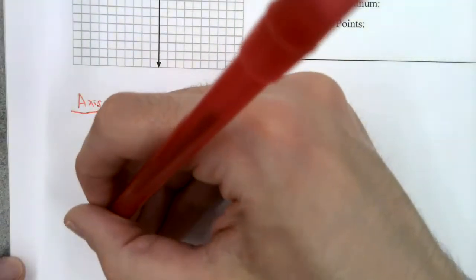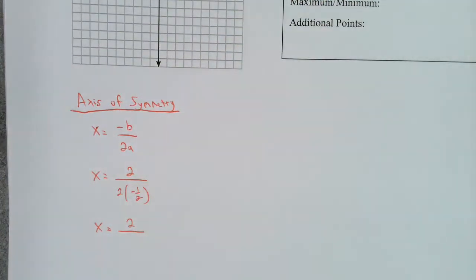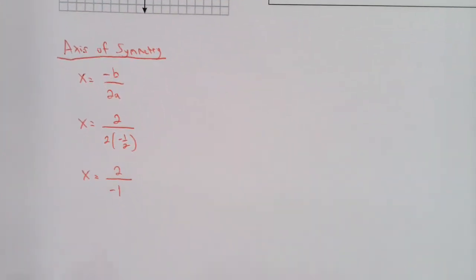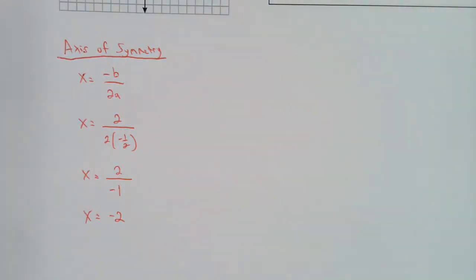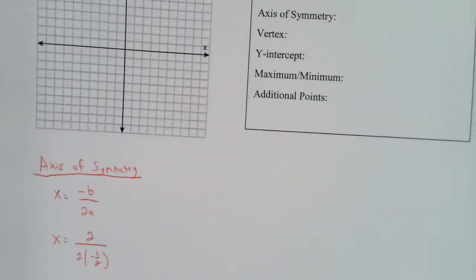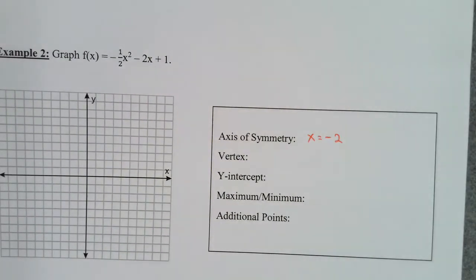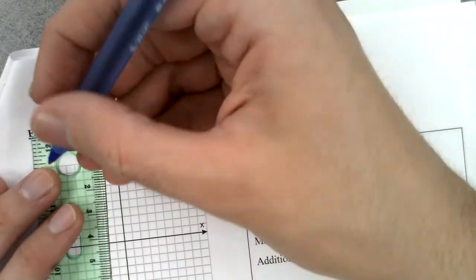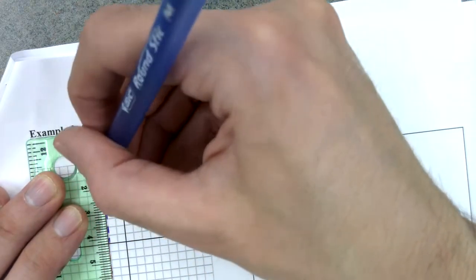That means we have x equals 2 divided by 2 times negative 1/2, which is negative 1. So 2 divided by negative 1 means x equals negative 2. That's my axis of symmetry. I'll fill that in the table up here. Let's graph it. Let's always graph it as we go, okay? Because it comes in handy when it comes to reflecting.